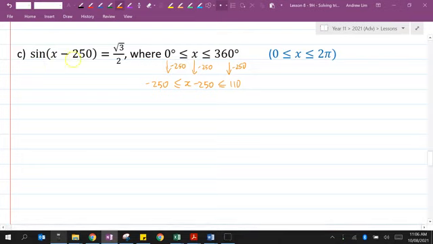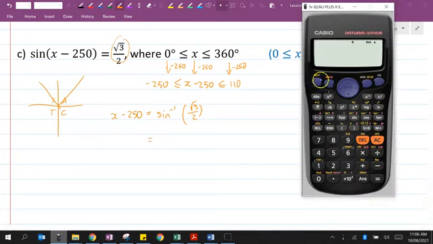So because sine of this angle is positive, all stations to central, where sine is positive, here and here. Let's work out our reference angle. So x minus 250 is equal to the inverse sine of root 3 on 2, which is 60 degrees.